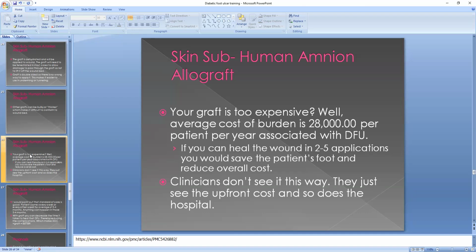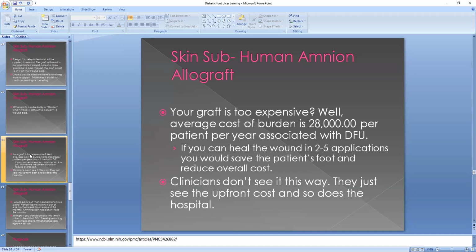And then here are some talking points I came up with as a provider. You have cost-conscious staff members in the clinic. They're like, well, your graft's expensive. And you've got to point out, well, what does it cost to take care of a patient with a diabetic foot ulcer? On average, it's $28,000 per patient per year.